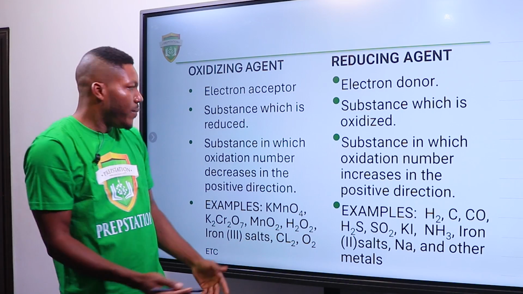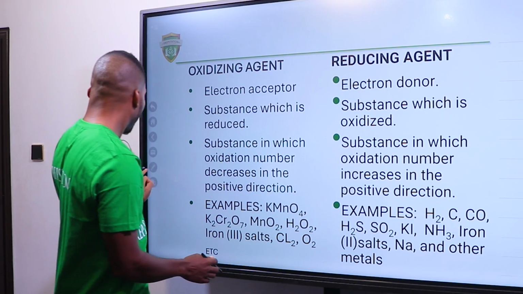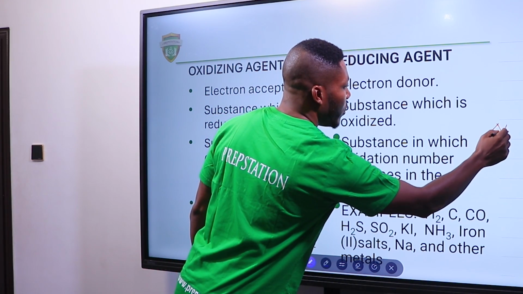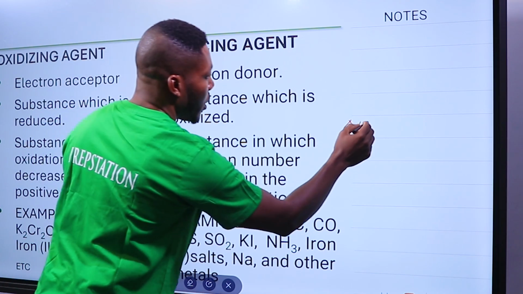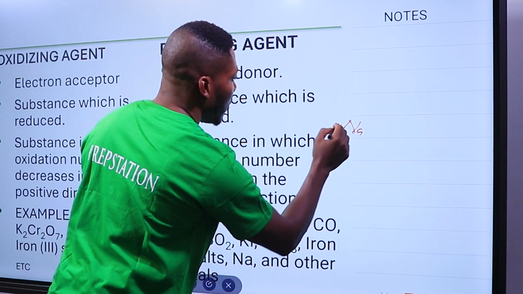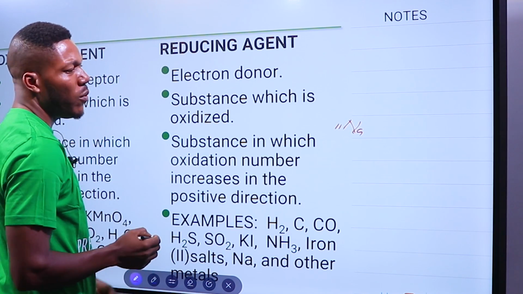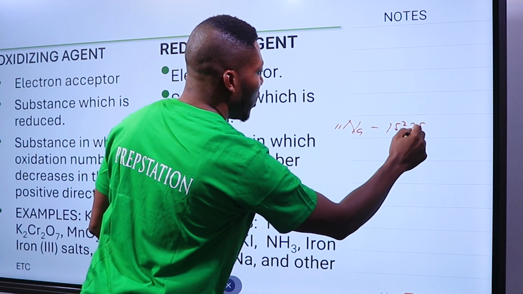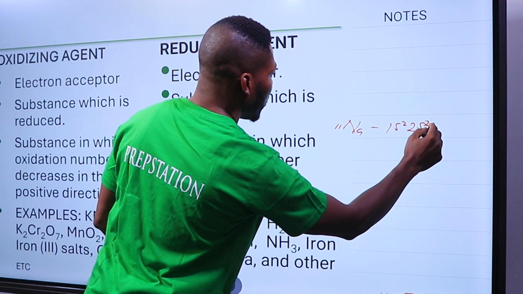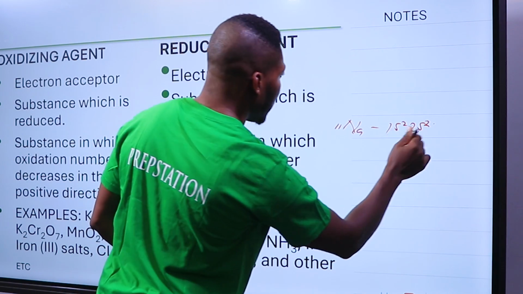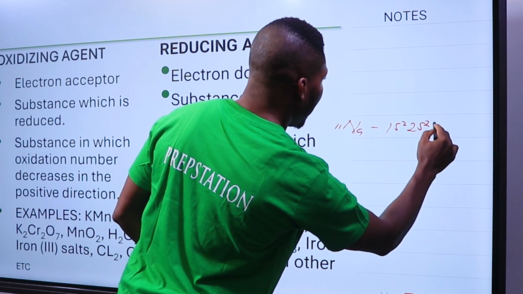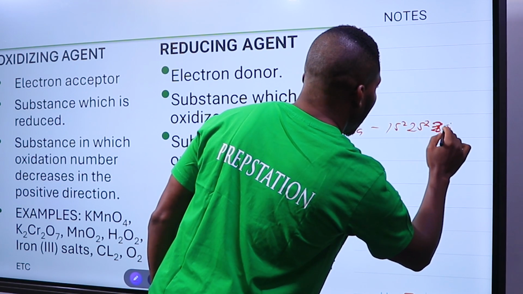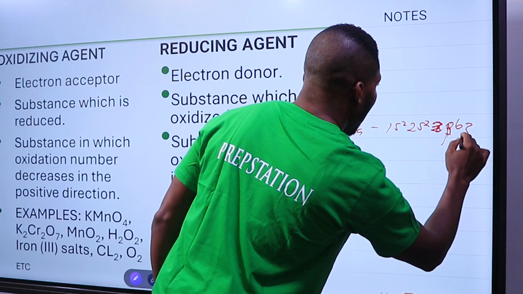All right. For example, let's say you have something like sodium. Sodium has an atomic number of 11. At this point, sodium is not stable. Okay, we have 1s2, 2s2, then 2p6, and what? 3s1.